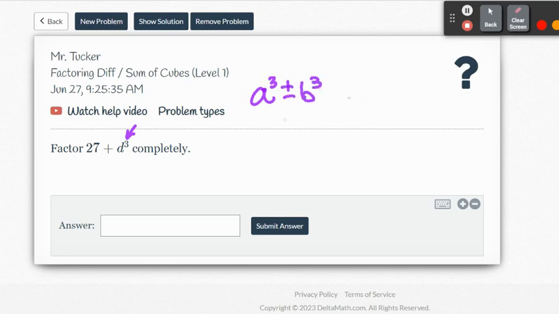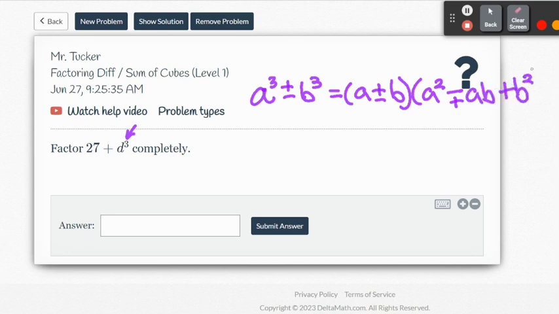And so the formula is a cubed plus or minus b cubed. I'm going to put both formulas here together in one place, and that's equal to a plus or minus b times a squared minus or plus ab plus b squared. Now, this formula, like I said earlier, we wash it with soap, where this acronym is this sign right here is the same sign.